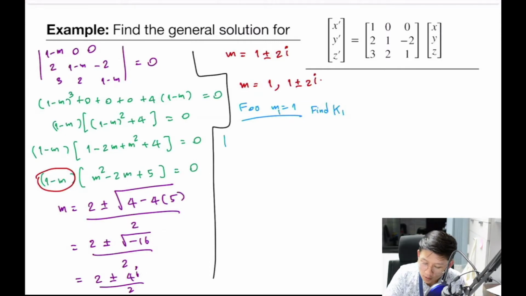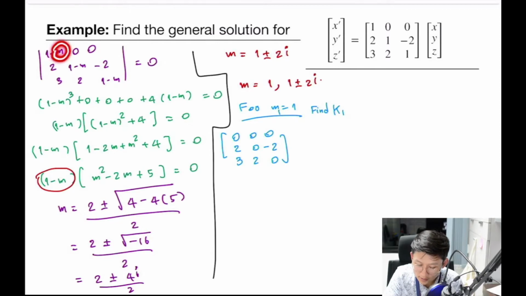Okay, so we look at A minus m1 I times k equals 0. So we have the matrix 0 0 0, 2 0 minus 2, and 3 2 0. Basically we take this m as 1. So this is 0, this is 0, this is 0, and the rest are the same.